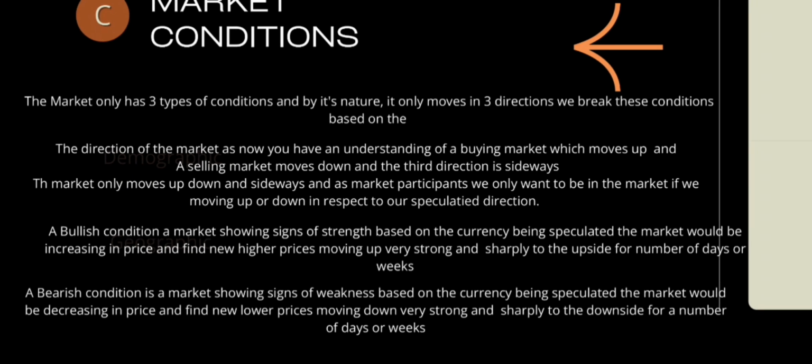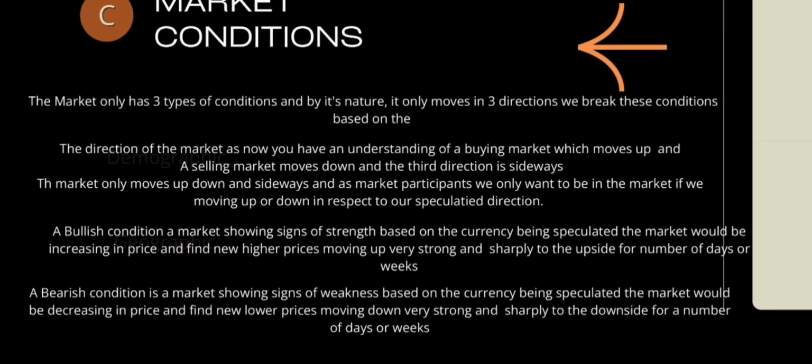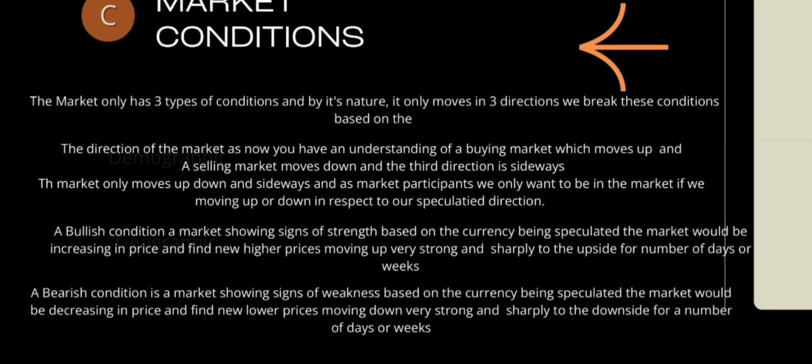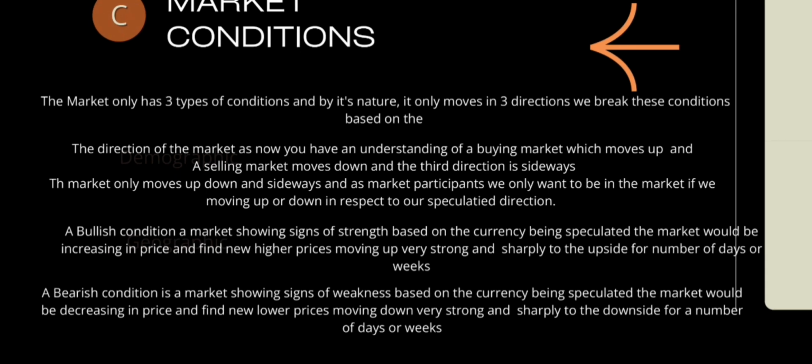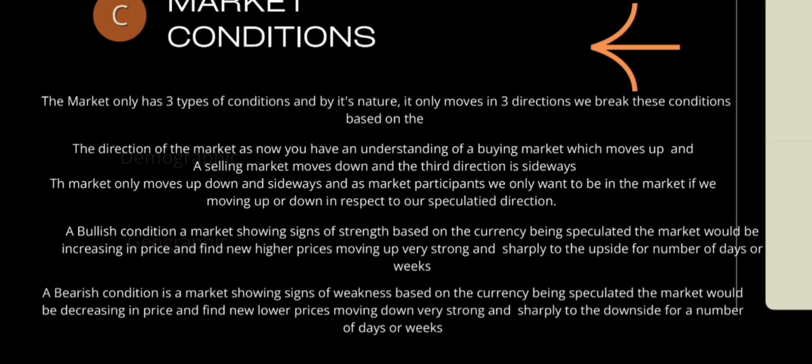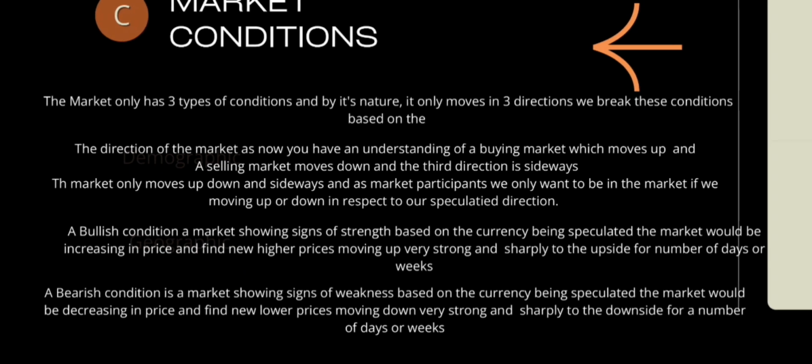So the market here, once again, only moves up, down, and sideways. And as market participants, we only want to be in the markets if we're moving up or down in respect to our speculated direction. A bullish market is a market showing signs of strength based on the currency being speculated in the market.